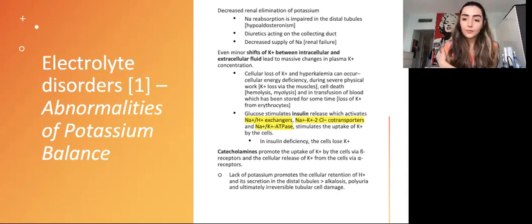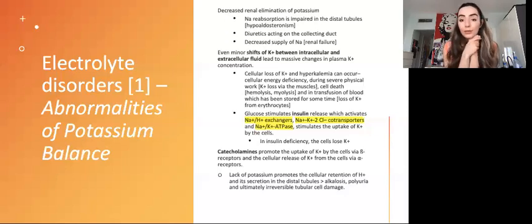And we already talked about how this can occur in acidosis and alkalosis, while in insulin deficiency or in hypoglycemia when you're fasting, the cells lose potassium. And the administration of insulin in diabetic hyperglycemia or food intake by a starving person may lead to hypokalemia because the cells will be taking up the potassium.